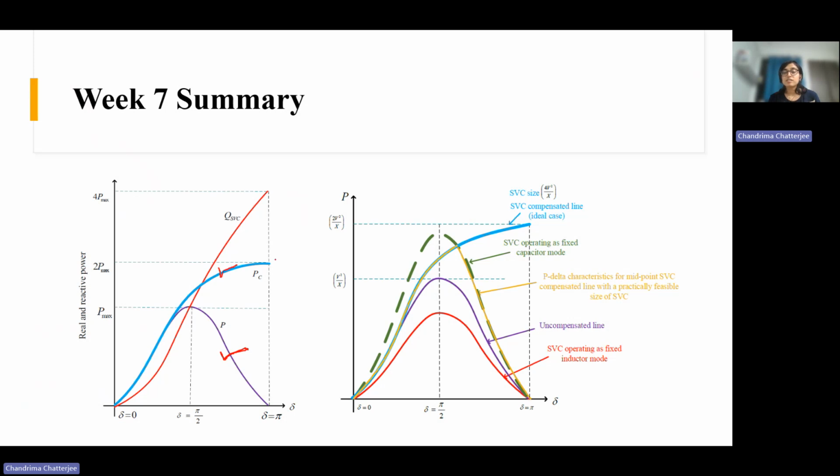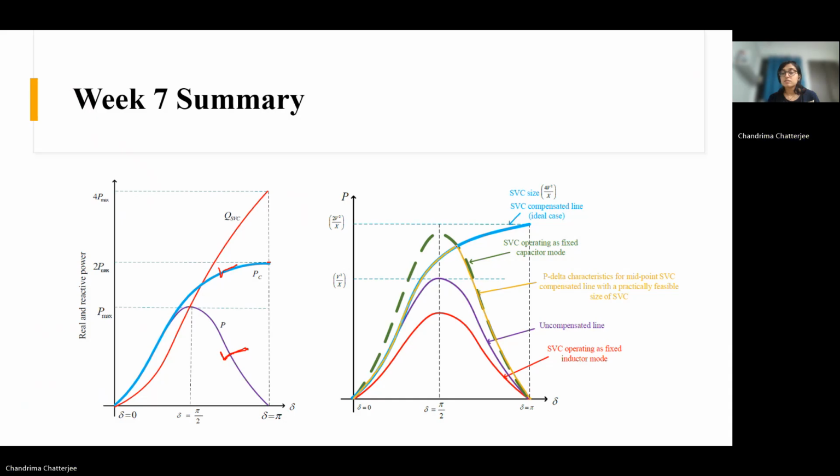You will see the maximum value here is 2 P max, whereas here the maximum power is P max. And the red one is the Q SVC. Its rating is 4 P max, 4 times the power of the uncompensated line. Okay, so that's what we discussed in the last slide.